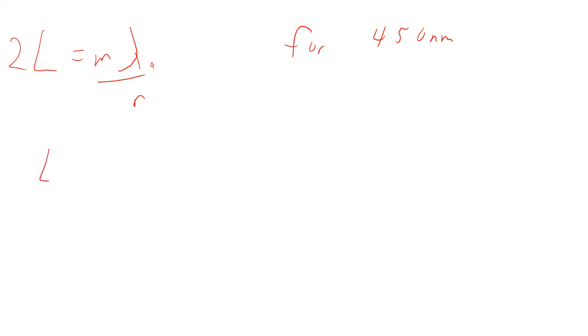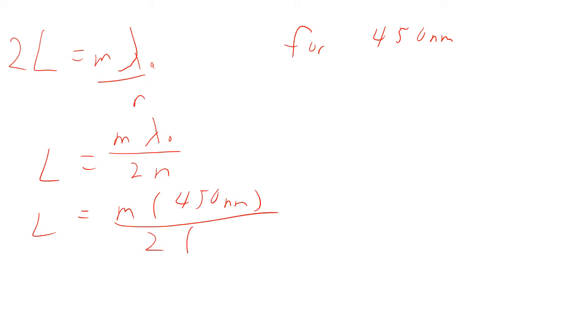Okay, so that means L equals m lambda naught over 2n. So this is going to be m times lambda naught, 450 nanometers, divided by 2 times 1.35. Once again, m can be equal to 0 or 1 or 2 or 3 and so forth.